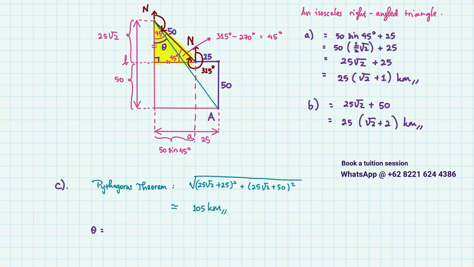We can use inverse tangent of the opposite side, which is the horizontal distance, over the adjacent, which is this vertical distance of this big triangle, right? So that's just 25 square root of 2 plus 25 over 25 square root of 2 plus 50. We can actually calculate this again using a calculator. That's going to be 58.2 degrees.